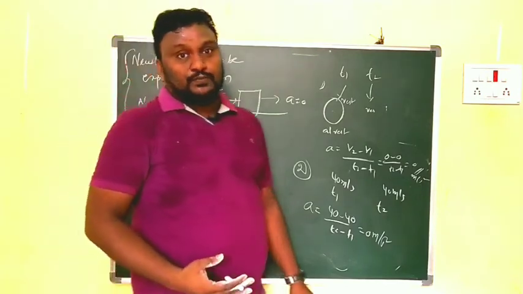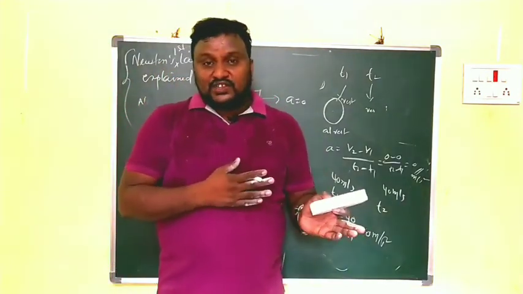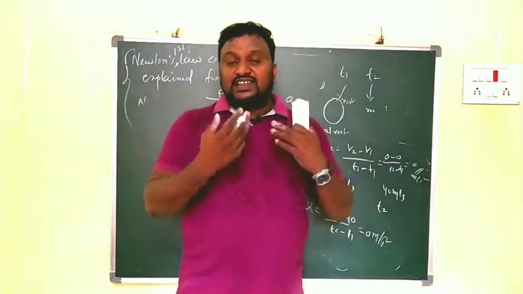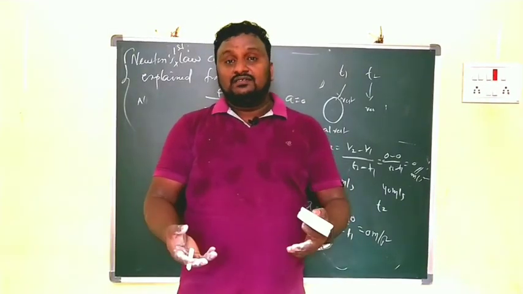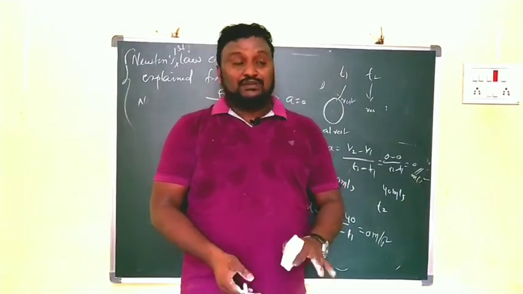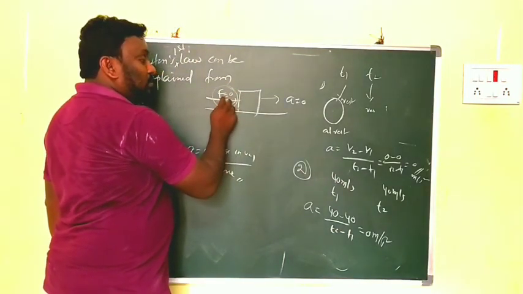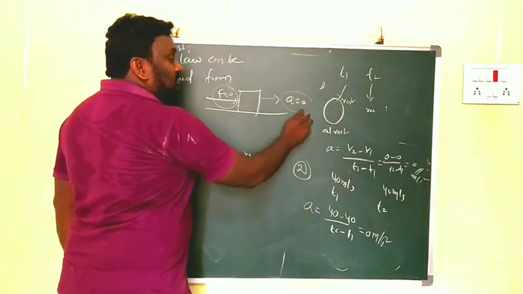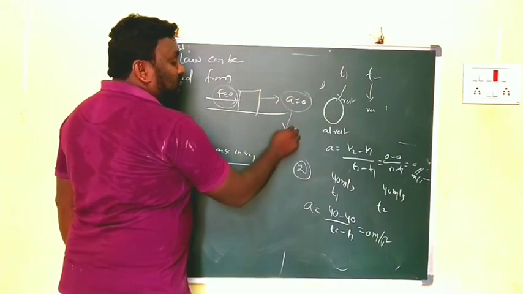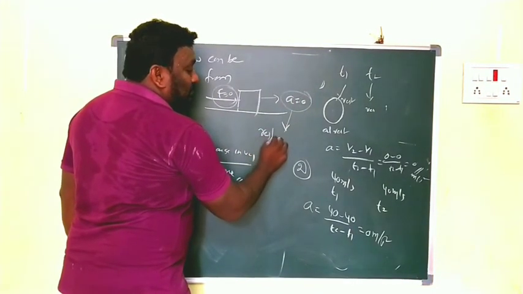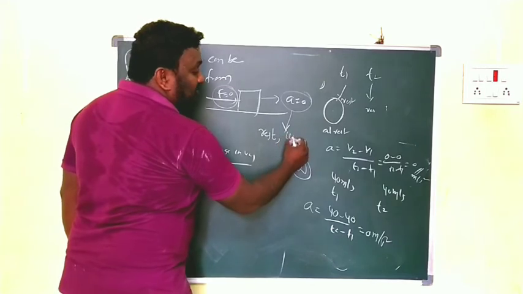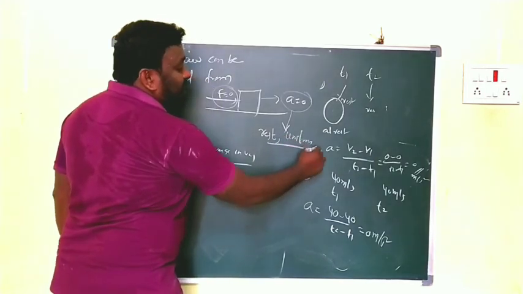When the body has 0 acceleration, the body is at rest or in uniform motion. That means if there is no force, the acceleration of the body is 0. That is possible for a body which is at rest and a body which is in uniform motion.